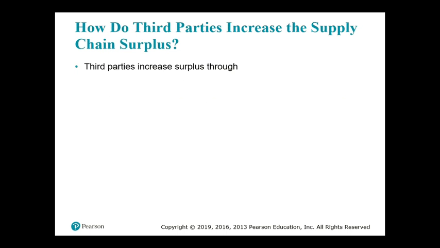So how can third parties increase supply chain surplus? Generally, we outsource to a third party, if not for strategic reasons, because this third party is able to aggregate supply chain assets or flows at a higher level than the firm itself.